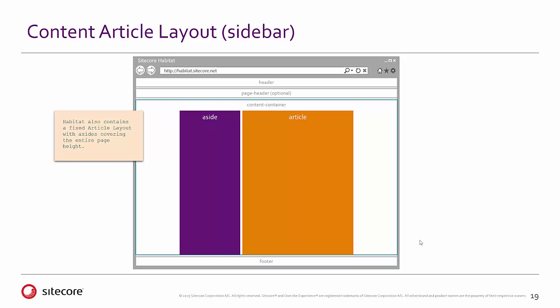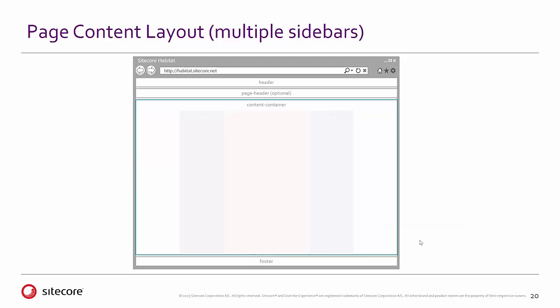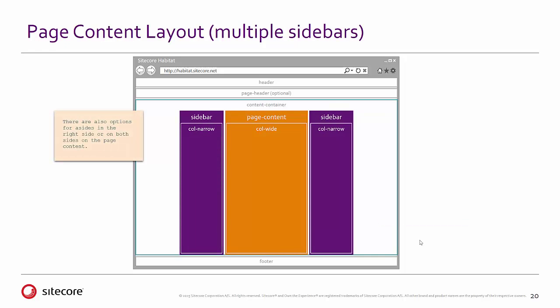And then you've got this aside on the left hand side where you can typically put a secondary navigation or things like that, or teasers, related content. The aside will have a narrow column and the article will have a wide column. So again, you can use the existing components and add them to the different columns. There's also an option for using both a right and a left sidebar at the same time, so have navigation in the one and the related content in the other.